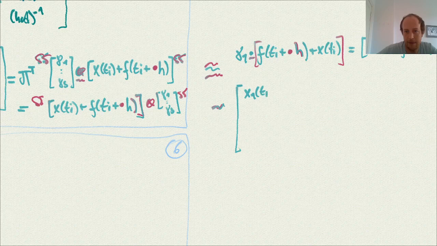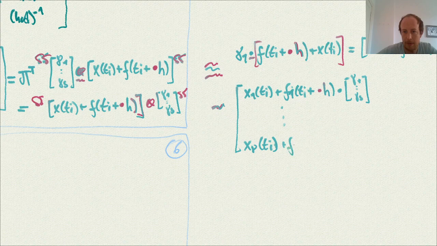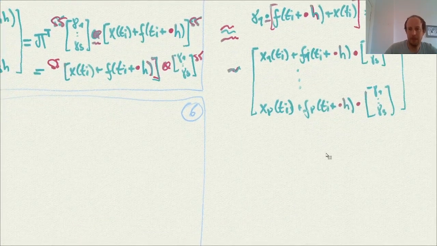This will be x_1 of t_i plus f_1 of t_i plus the multiplication happening here, h times this gamma vector, gamma_1 to gamma_s, and here we will have x_ν of t_i plus f_ν of t_i plus the multiplication, this somewhat ill-defined multiplication, but just a matter of notation.